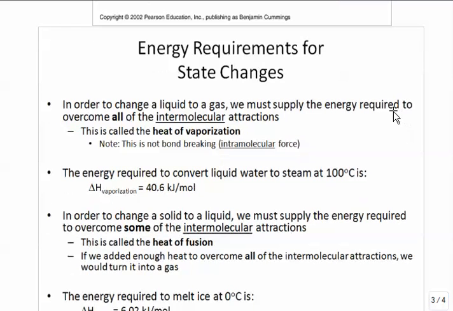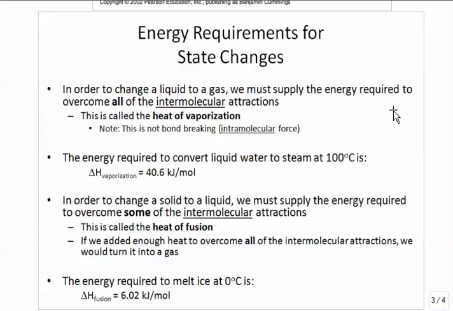Now we've talked about how to calculate heat energy for heating, that is, specific heat capacity and how to calculate the magnitude of energy for a given temperature change for something like water with a known specific heat capacity. We have not talked too much about the energy requirements for changes of state, like boiling water or vaporizing water from liquid to steam, or converting ice into liquid water, what we call the heat of fusion.